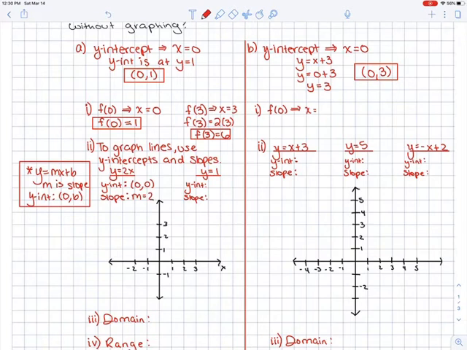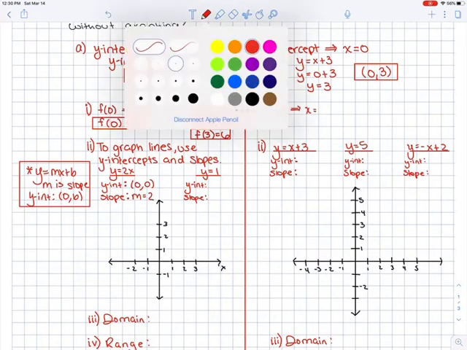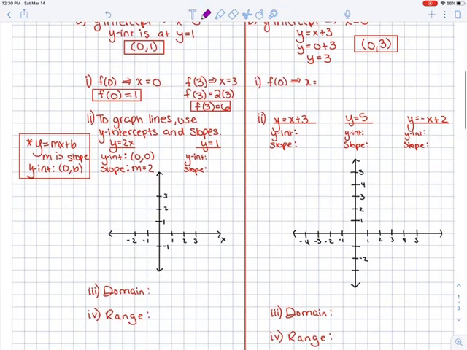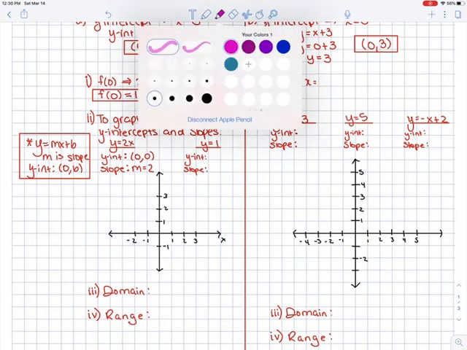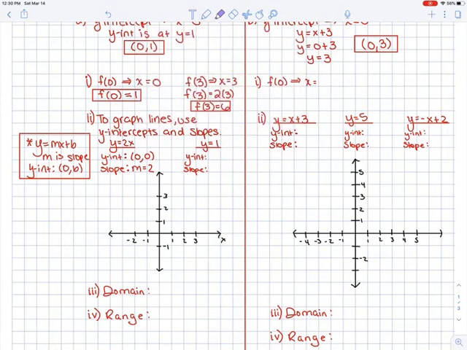So let's go ahead and graph that one before we move on to the other one. We'll use purple for this one, just so you know which graph I'm graphing. I'm starting at the y-intercept, which is (0, 0).